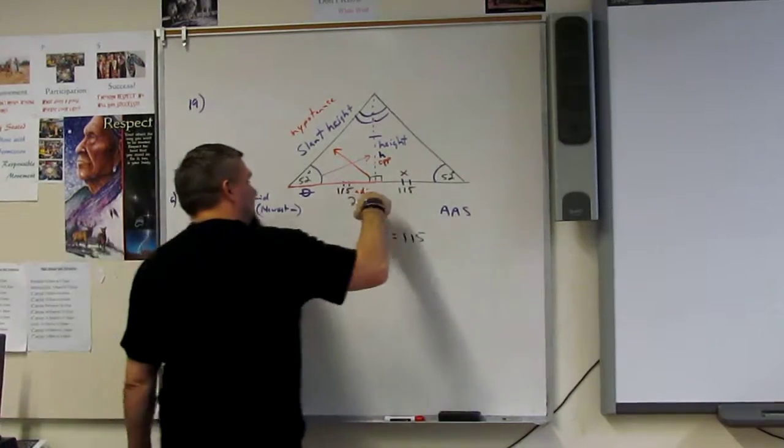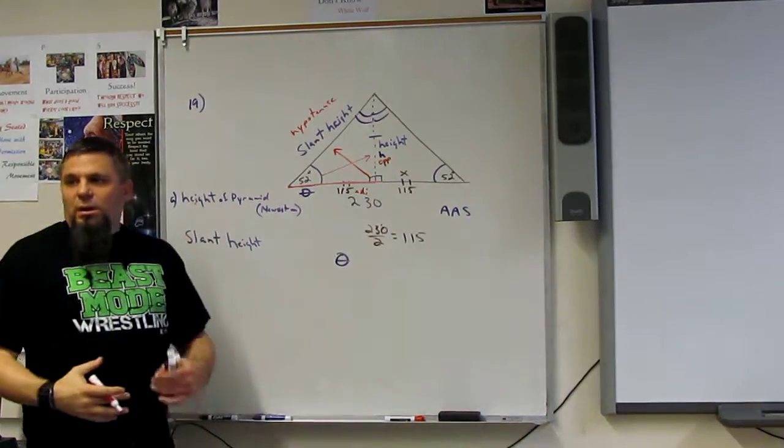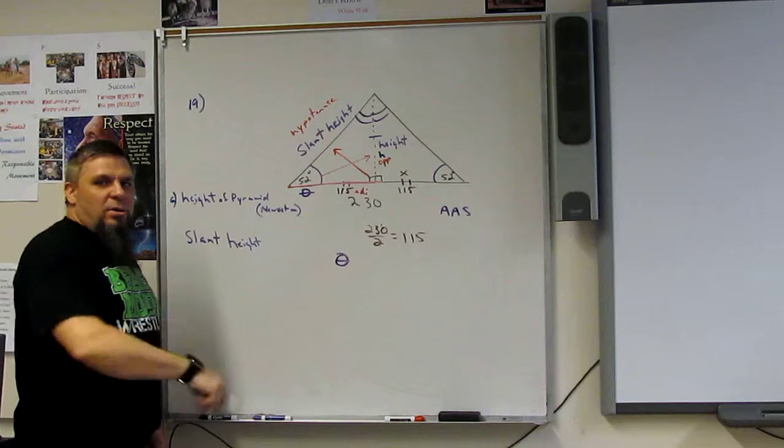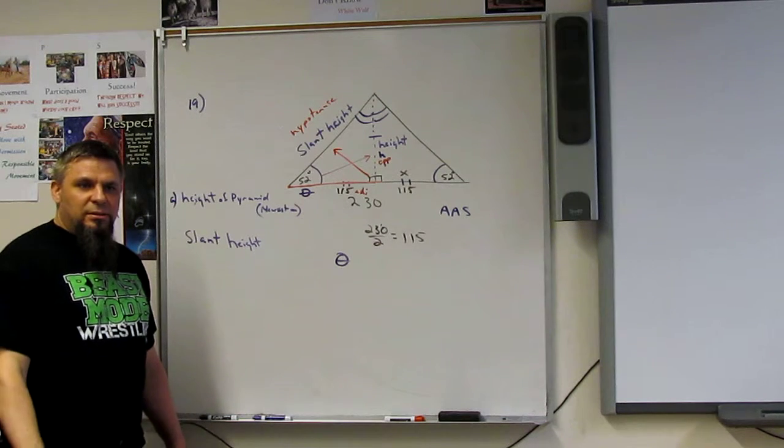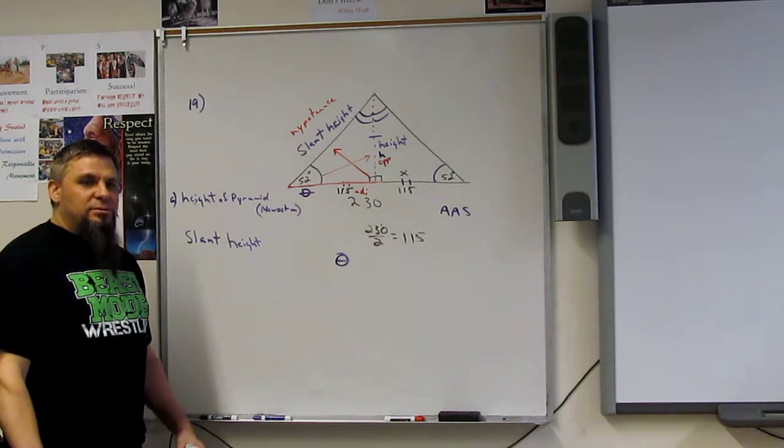So I have adjacent and opposite. So what am I going to use? CAH or TOA? And why? TOA, yeah.